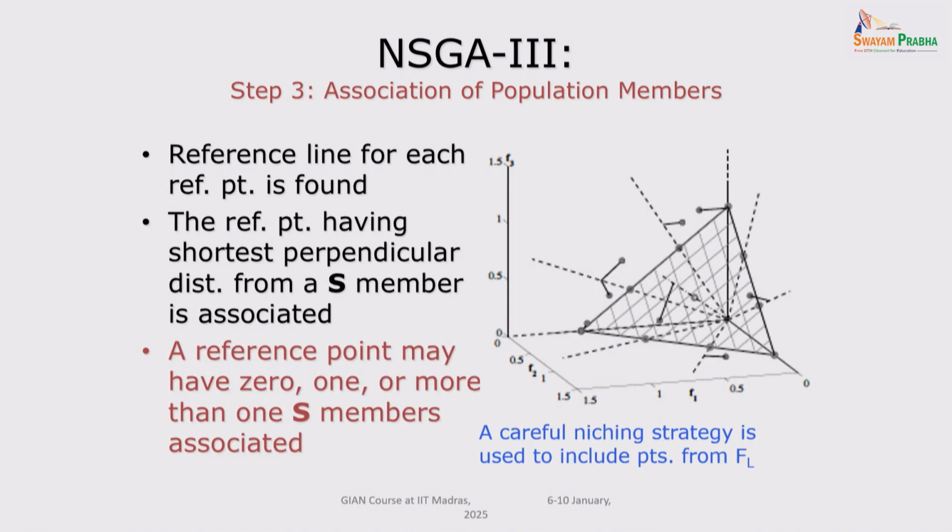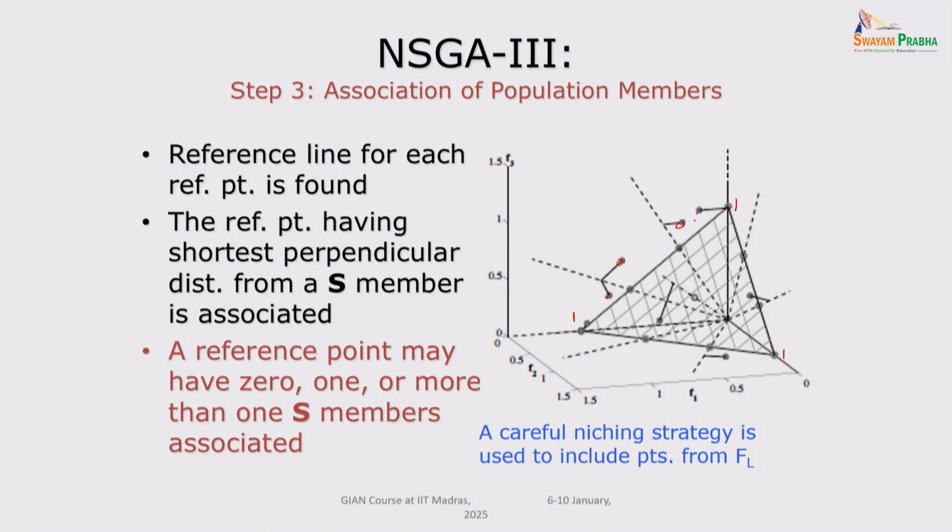Okay? After I've normalized, these are all 1, 1, 1. This is my hyperplane and these are my points, you see. Their upper bound is never going to go beyond 1 now. So these circles are my population. Now what I do is I go line by line. I consider one line at a time and then the next line, and identify which population member is close to each line.